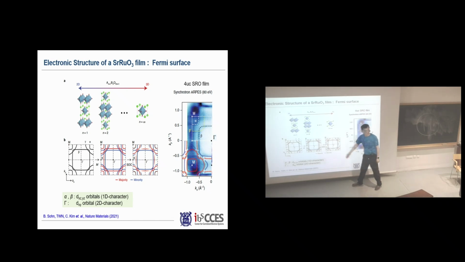So we grow the 4 unit cell SrRuO and go to the synchrotron radiation source at 80 electron volts. It has a big escape depth, so even though the film is not high quality, we can still measure it. And this is the electronic structure. The band structure around the endpoint here looks very similar, and the line is the prediction from the theory.